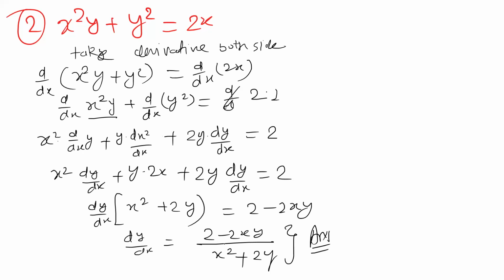But here we also observe the final answer is also an implicit function because the given function is also an implicit function. Okay, so this is my answer. Hope you are understanding. If you still have a doubt, please make a comment.